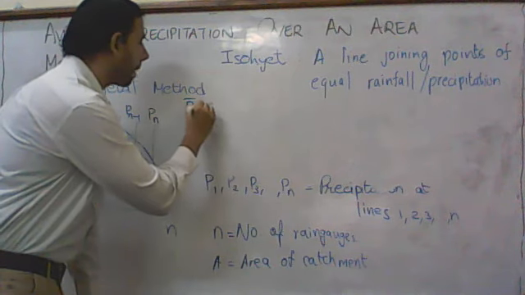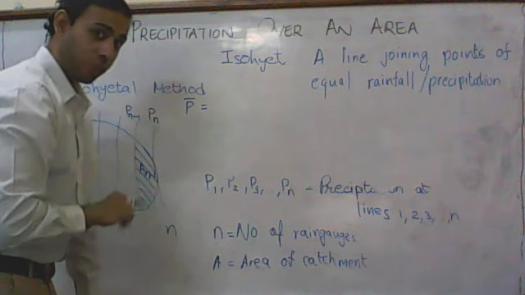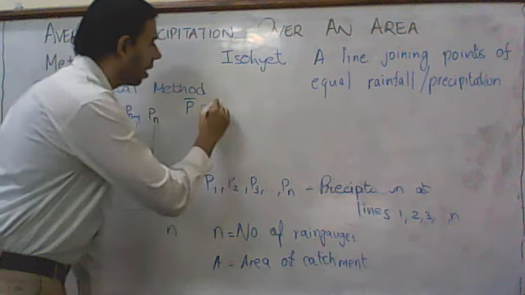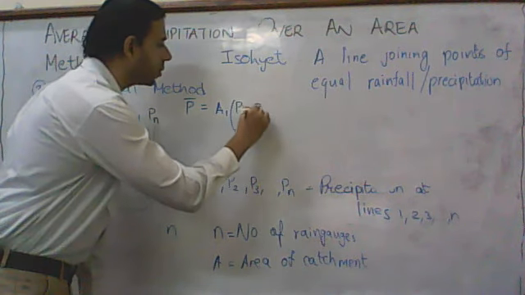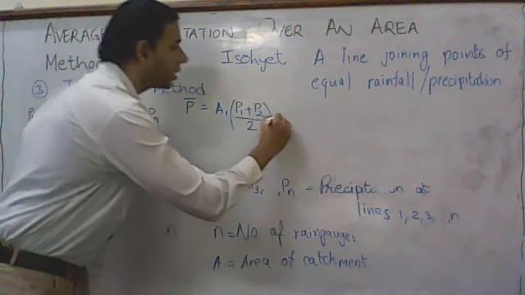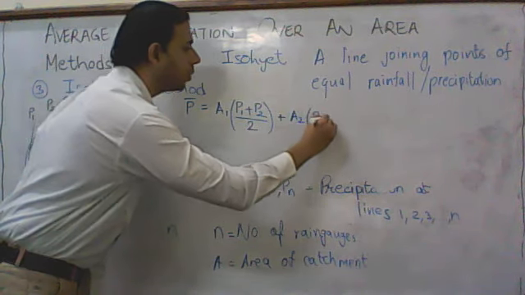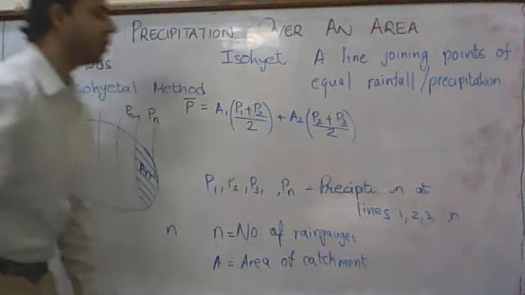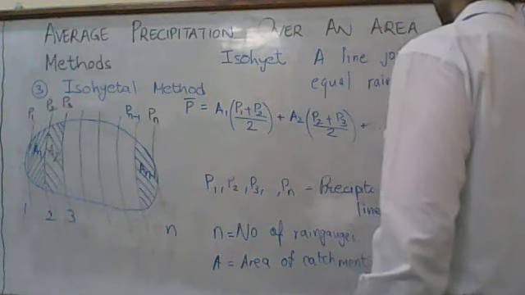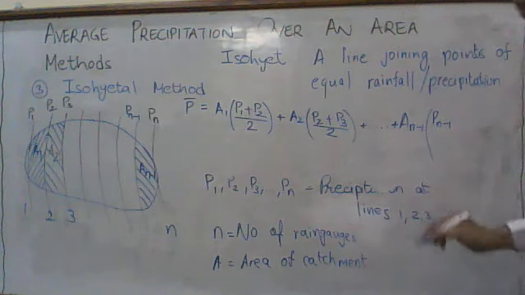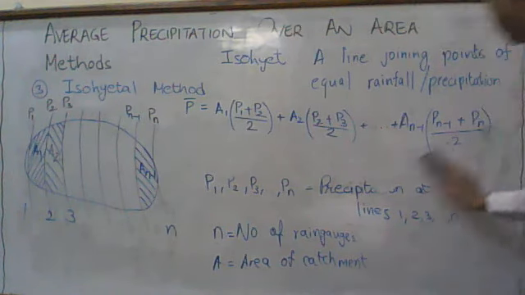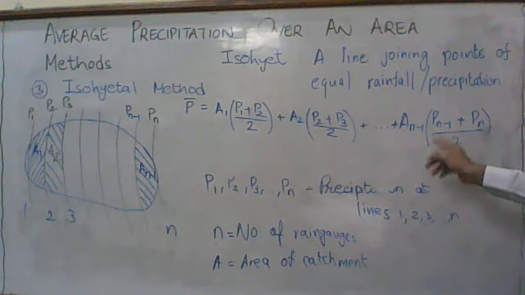The average precipitation value P bar using the isohyetal method is A1 into (P1 plus P2) by 2, plus A2 into (P2 plus P3) by 2, plus, moving on, it will go till An minus 1 into (Pn minus 1 plus Pn) by 2.